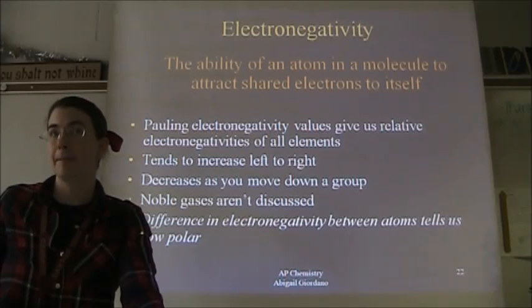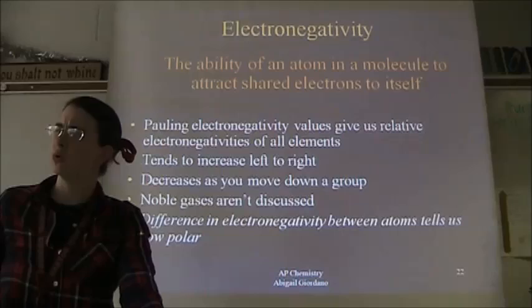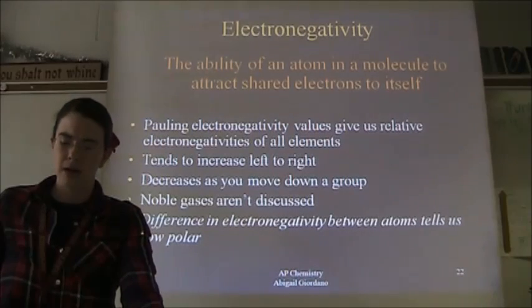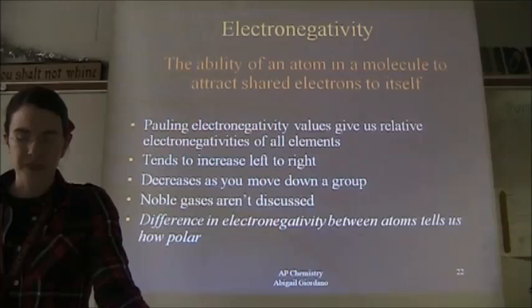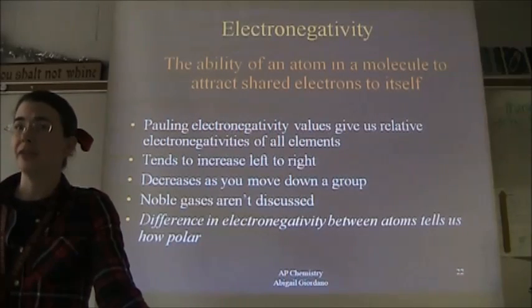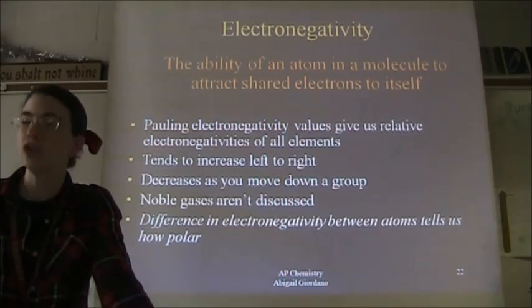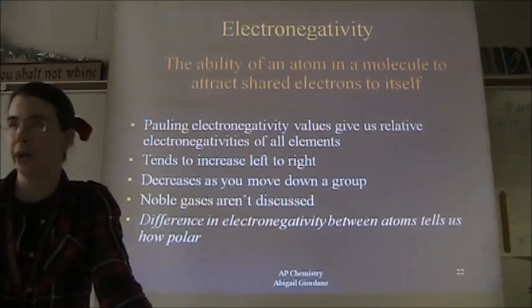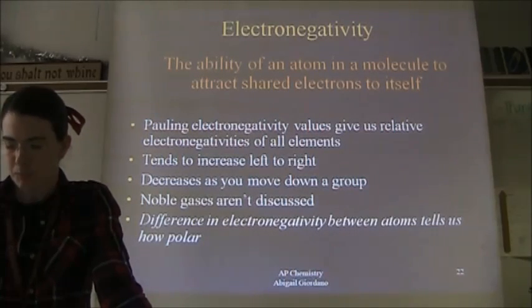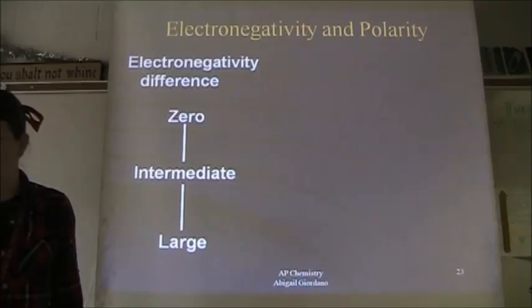Boron and polonium. 0. Okay. So technically speaking, that would be a non-polar bond. Now, guys, would I expect you to know that boron and polonium have the same value? No, I wouldn't. Okay? But here's the point.